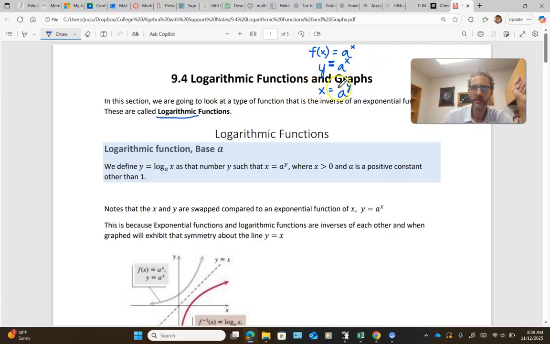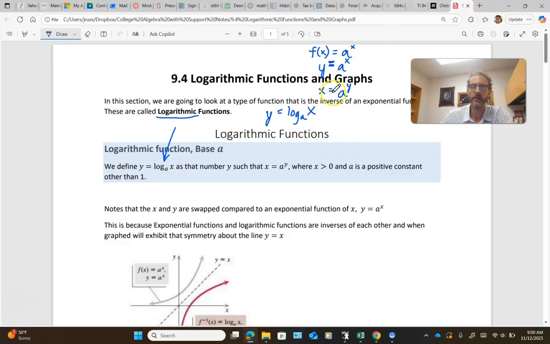Now in doing this, we end up having a function of y, or in other words, x is defined by y. But as always, we want our functions to be functions of x. And so how do we do this? Well, we solve this for y, essentially. Or in other words, we create this function. We say that y is equal to log, or the logarithm, with a base of a of x.